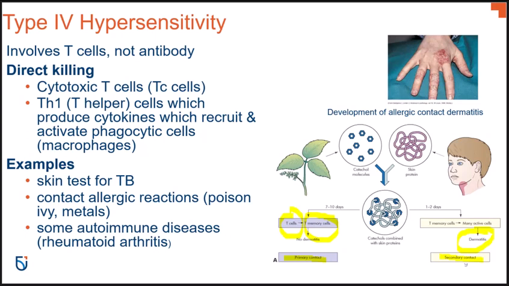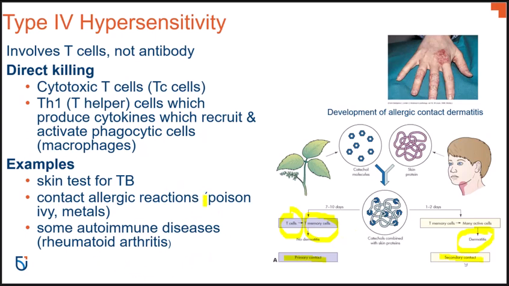Clinical examples of type 4 hypersensitivity reactions also include graft rejection. That would be where somebody has damage to their skin, and so they're given a skin graft, so a donated skin. It also includes the skin test for tuberculosis, if you've ever had a test for that to see the reaction as to whether or not you have TB or you've been exposed to TB.